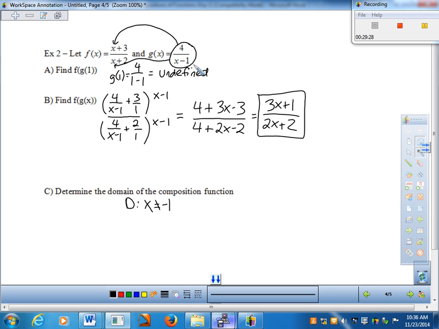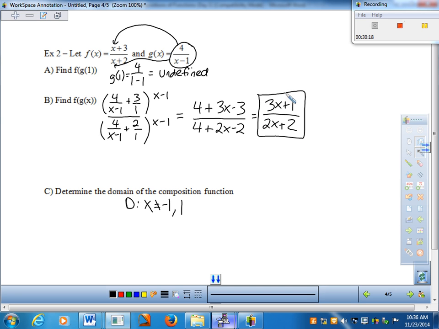And do you notice when I tried initially to do f composed of g of 1, I was initially stymied, right? Couldn't do it because this never got through the first part. And so as a result, if I try to do f composed of g of 1, I have an issue. And the 1 also has to be excluded from the domain of our combination function right here.